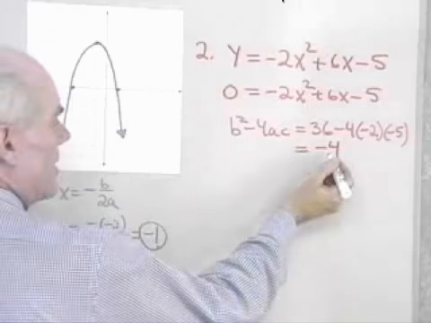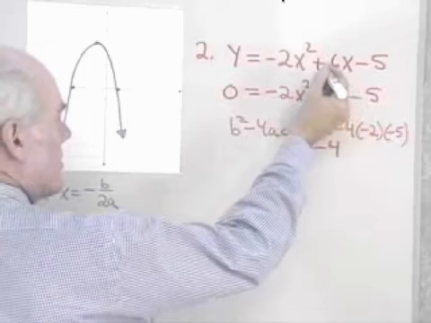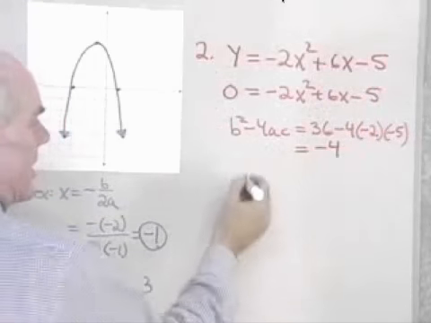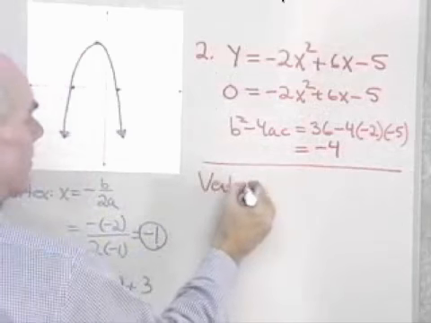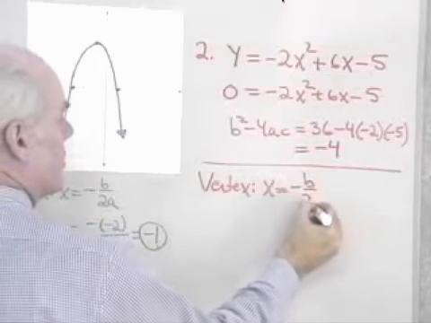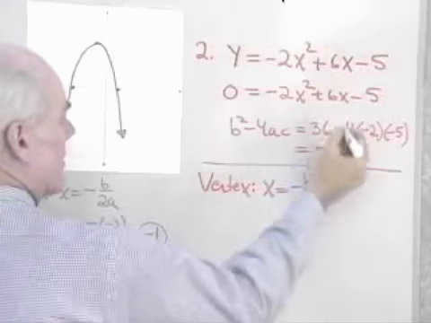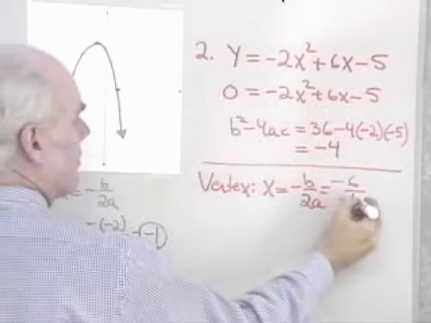So my discriminant is negative, meaning that I have two complex solutions to this equation, which means this graph will not cross the x-axis. So what I need to do is go right to the vertex and find x equals negative b over 2a, which is negative 6 over 2 times negative 2, which is negative 6 over negative 4.